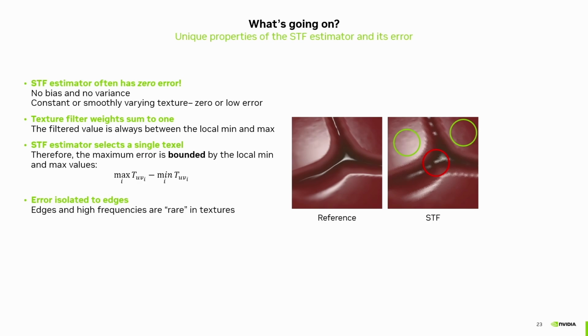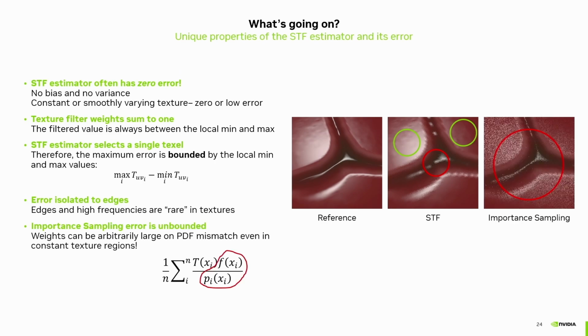We are selecting one of those, and the true filtered value is in between. So if the maximum and minimum value of text cells is the same, which happens in the constant region, then the STF error is exactly zero. STF's error is isolated to edges and high-frequency regions.